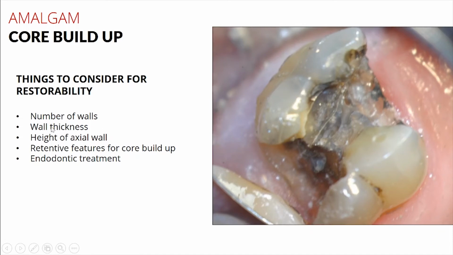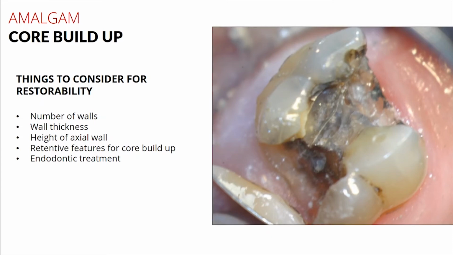So the number of walls is going to help. The wall thickness is going to be a determining factor, in the sense that you don't want anything too thin where the crown or the tooth may fracture. And along with that is the height of these axial walls. The taller the walls, the easier it is for that buildup material to stay on, and also for that crown to stay on, when we're talking about retention resistance form.